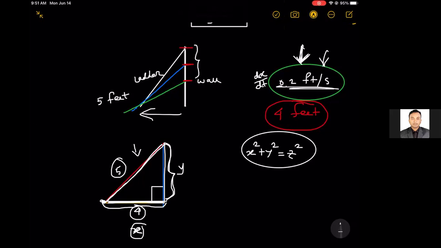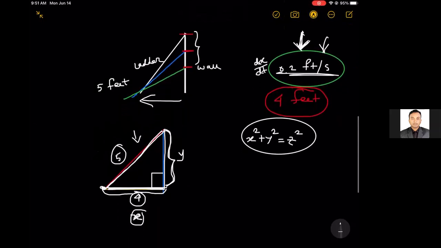And this is what we are actually going to find. Because if you remember, when I started the question, I said, how fast is the top of the ladder sliding down the wall? That means we actually want to find the rate of this change. A good question.